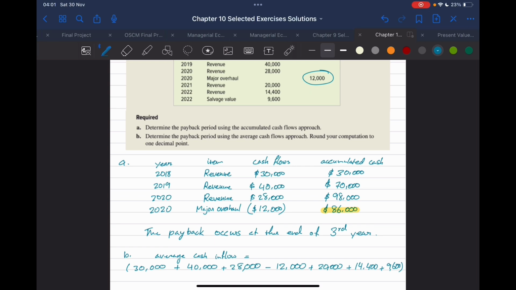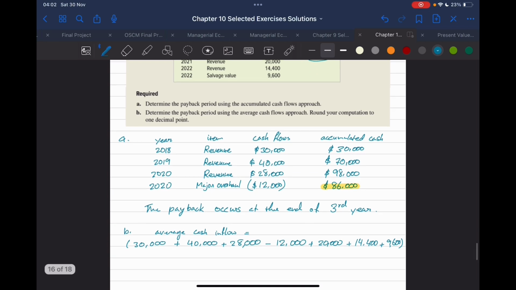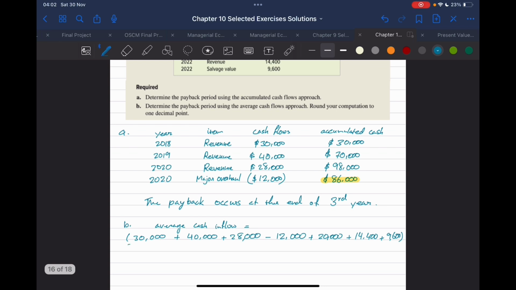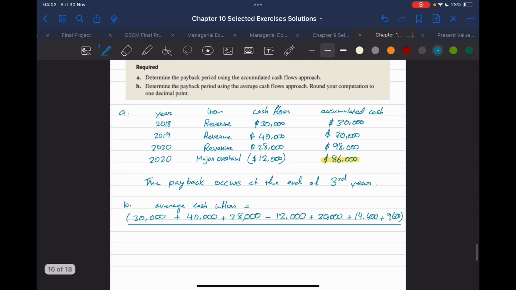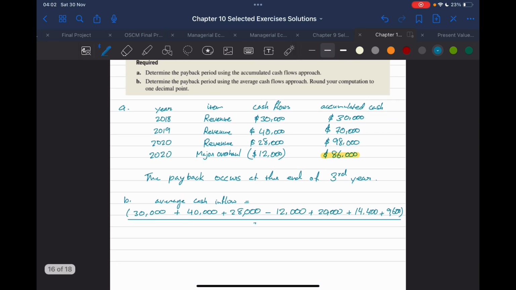Okay, and then we take all of this and divide it by the number of years, which is 2018, 19, 20, 21, 22. That's 5 years.